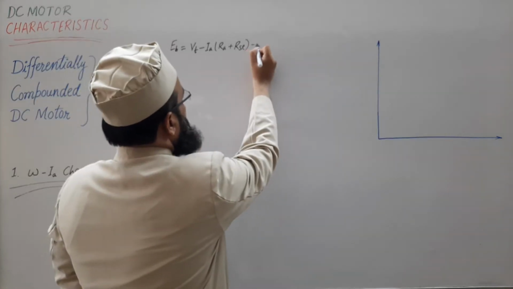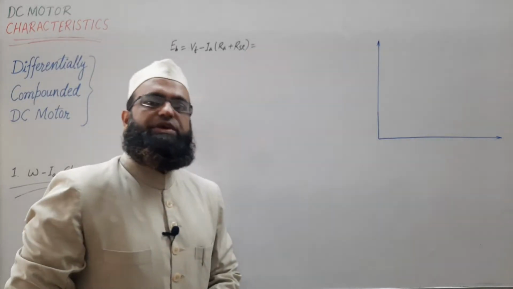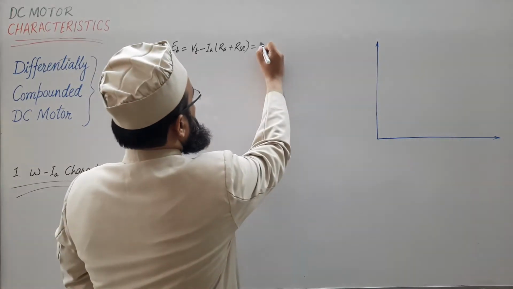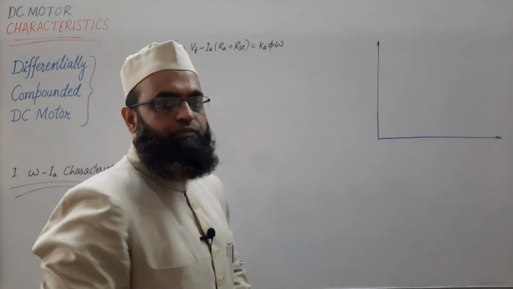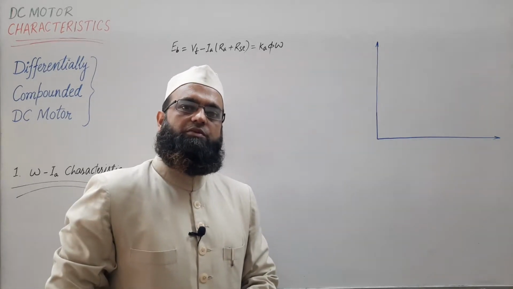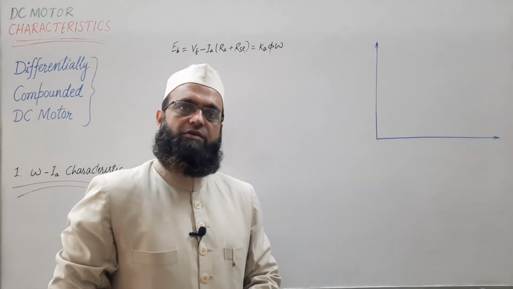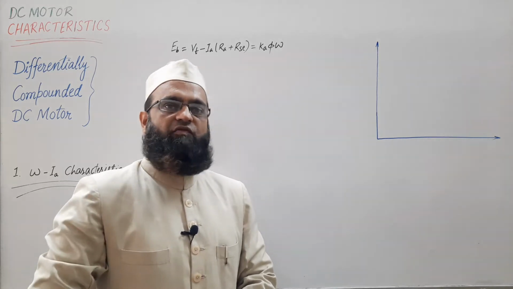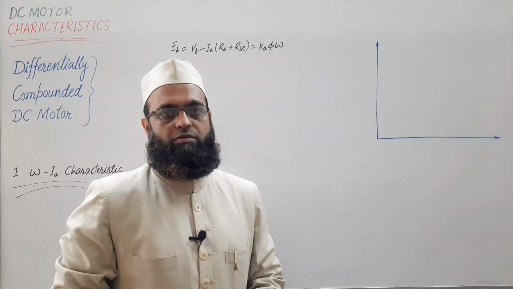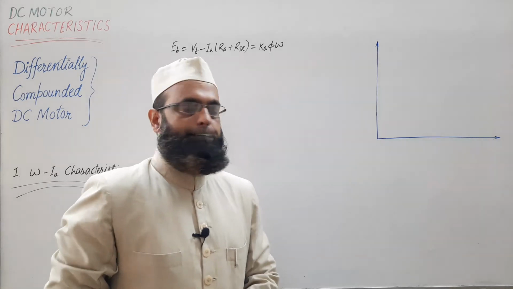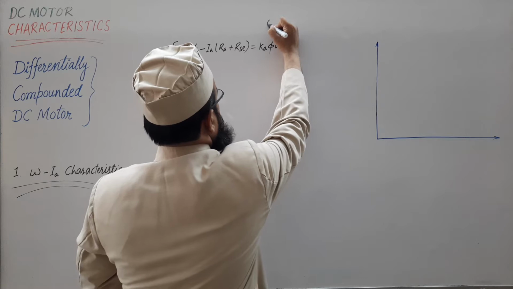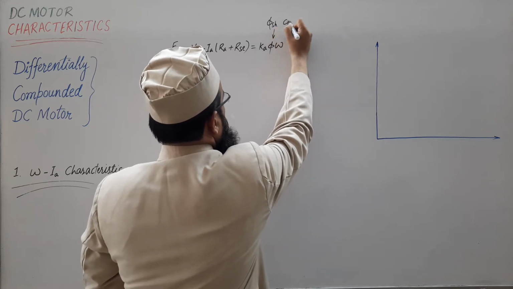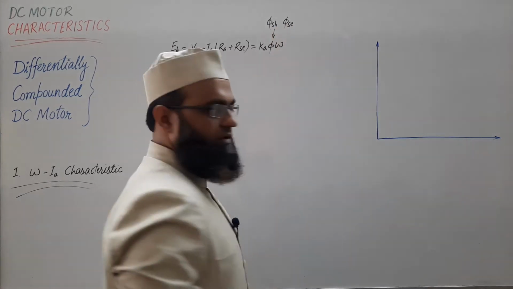The same back EMF equation in terms of speed may be written as machine constant Ka phi omega, where omega is the speed of the machine in radian per second and phi is the resultant flux per pole, total flux per pole, which is a combination of two fluxes, shunt field flux and series field flux.